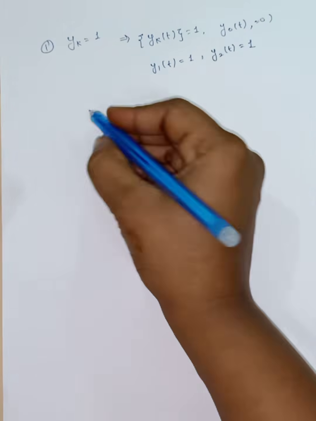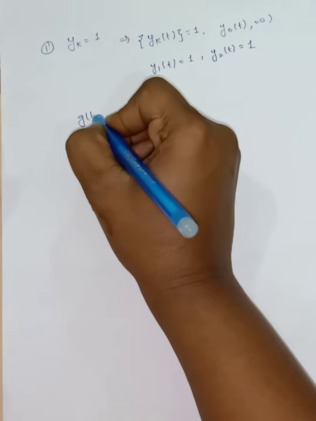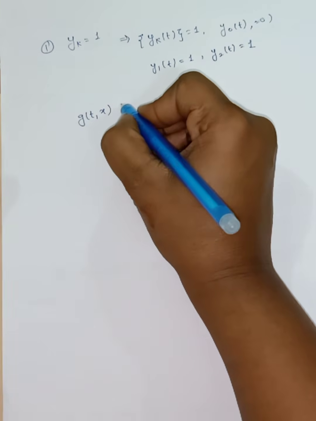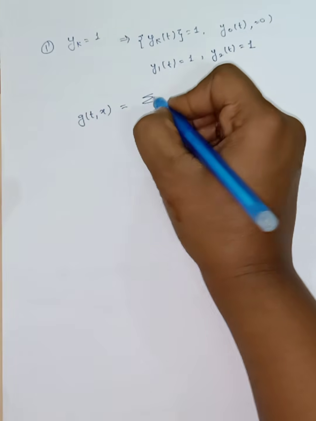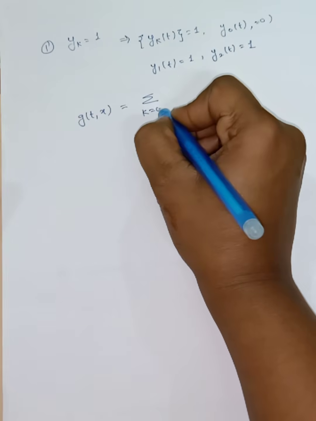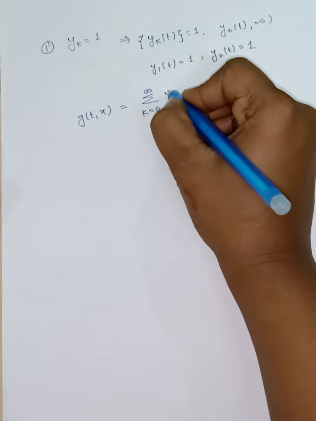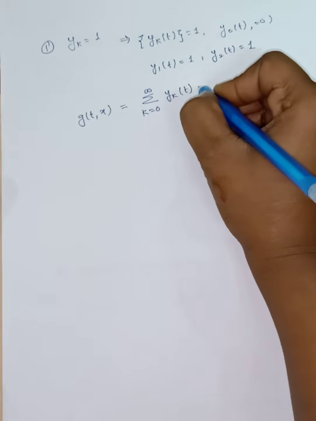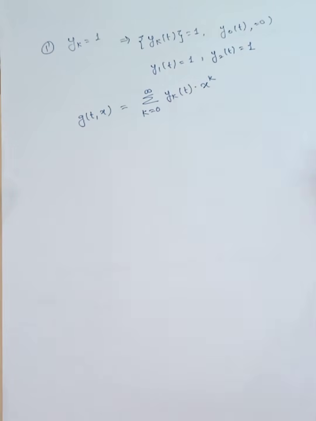So for finding g of t x, the formula is summation from k equals to 0 to infinity yk of t into x to the power k.